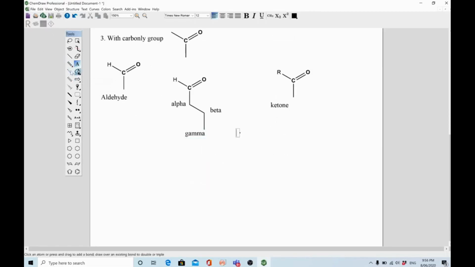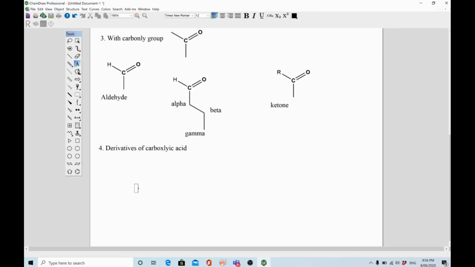Next is acid halide, which is a derivative of carboxylic acid. Or let's do one thing. Number 4 is derivatives of carboxylic acid.